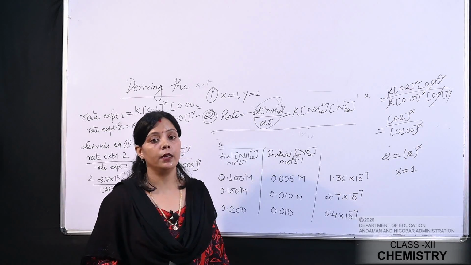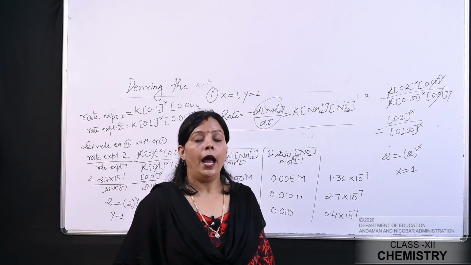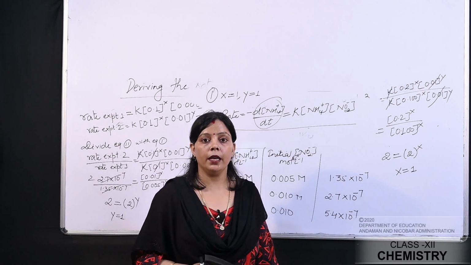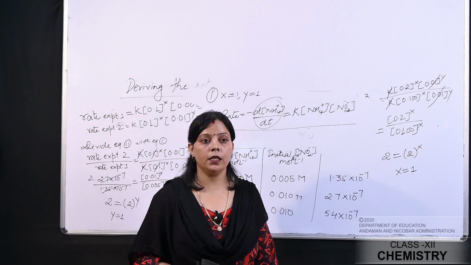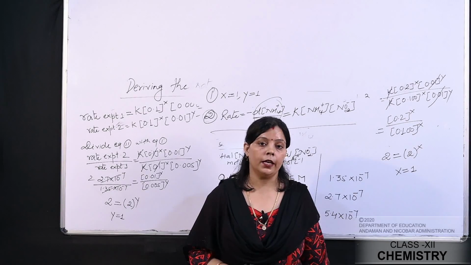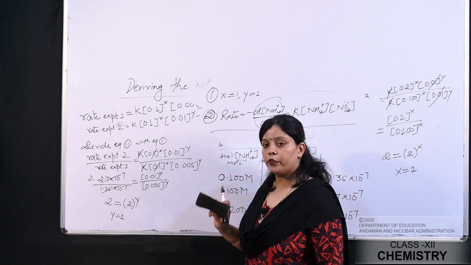The initial rate method is used to determine the rate expression for a chemical reaction. In the initial rate method we first determine the instantaneous rate of the reaction just before the concentration of the reactant has changed significantly. Several experiments are carried out, and here we are going to consider 3 experiments.